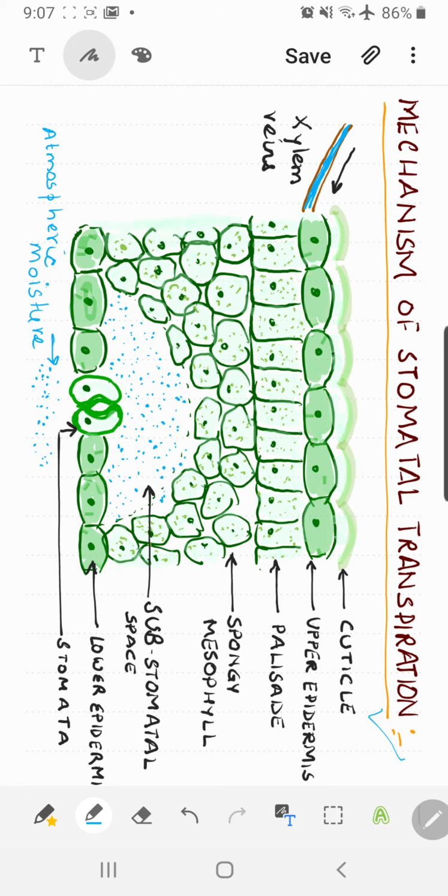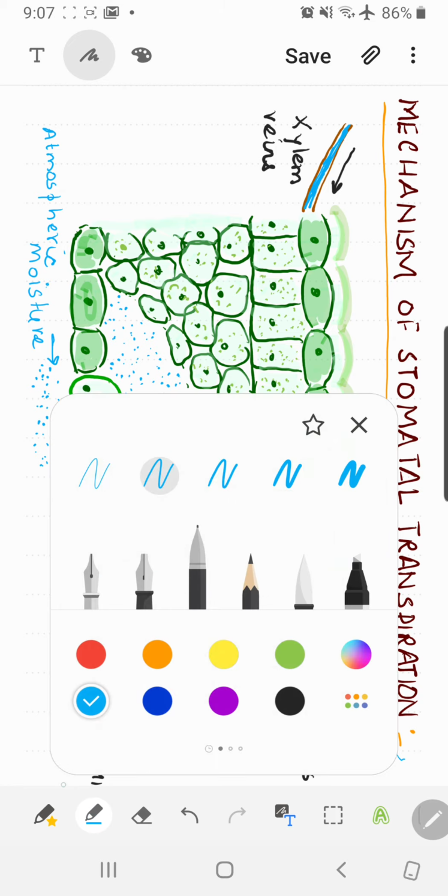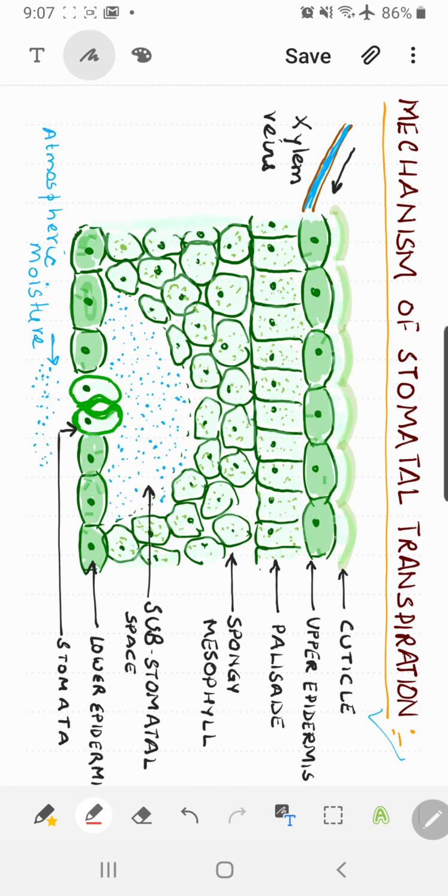Before I move on to any further thing, children, I would like to bring two things to your kind notice. The first thing is the shape of the stomata. One of the shapes is a dumbbell, can you see? This is a dumbbell-shaped stomata, and the one that we are studying is the kidney-shaped stomata.